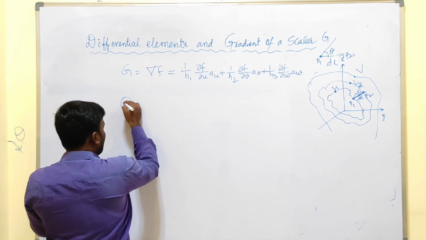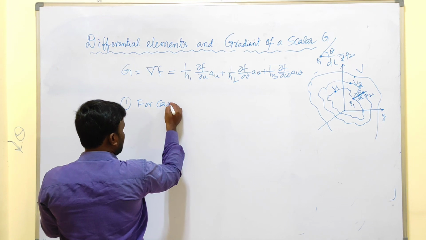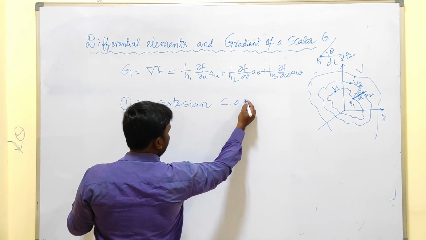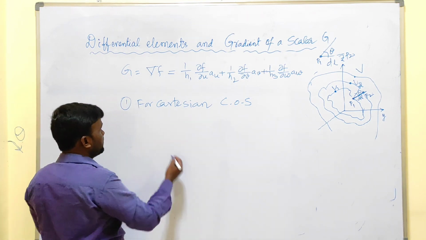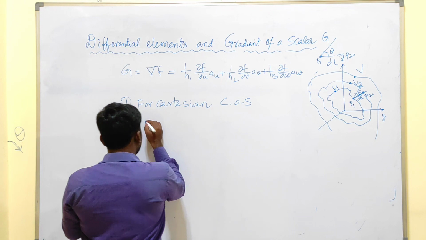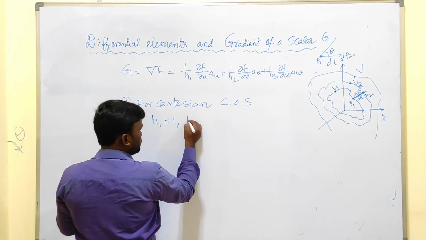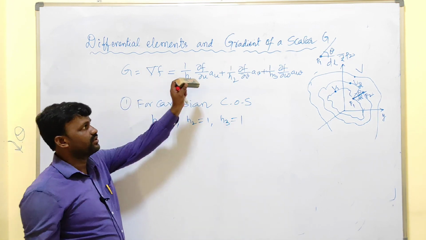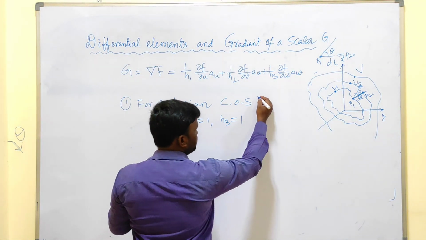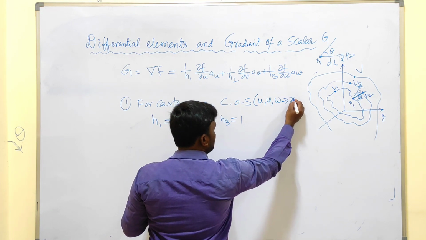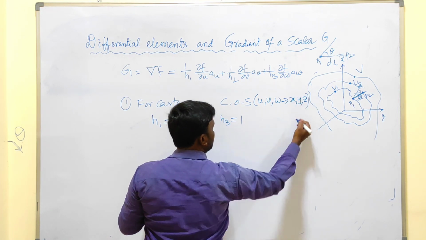Suppose, let us say, for the Cartesian coordinate system, h1 equals 1, h2 equals 1, h3 equals 1. Substitute in this one. u, v, w are x, y, z, the elements in the given coordinate system.